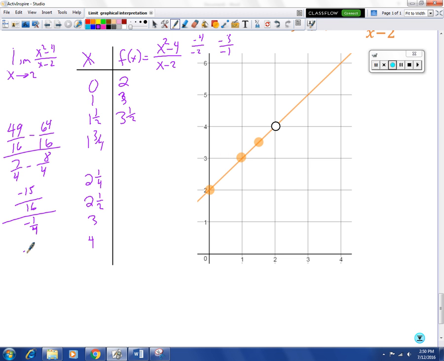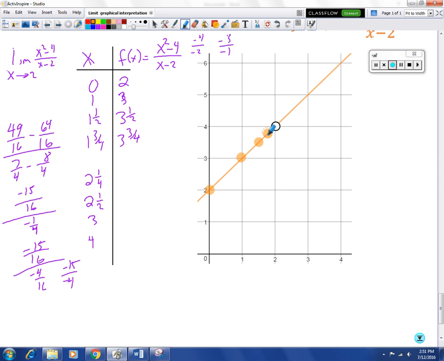Okay, almost there. Negative 15 over 16 divided by negative 4 over 16, we get negative 15 over negative 4, and that would be 3 3/4. So when I plug in 1 3/4, I get 3 3/4.